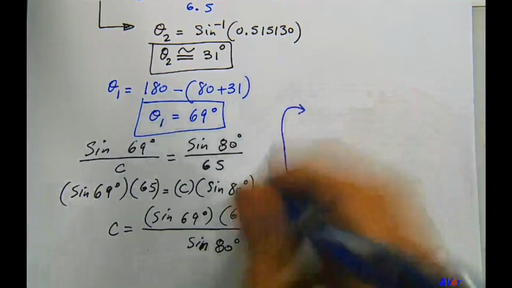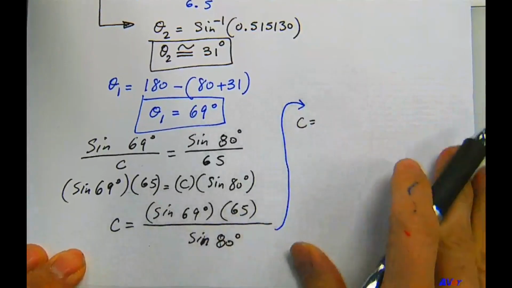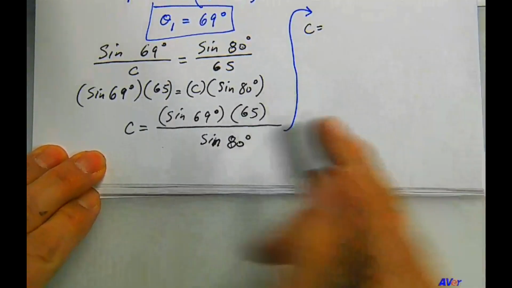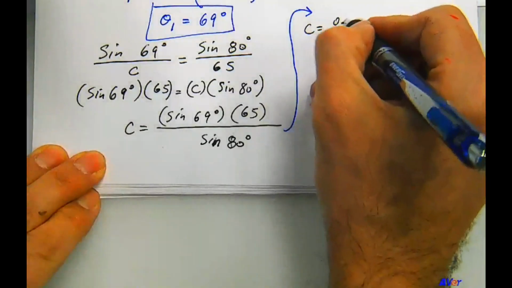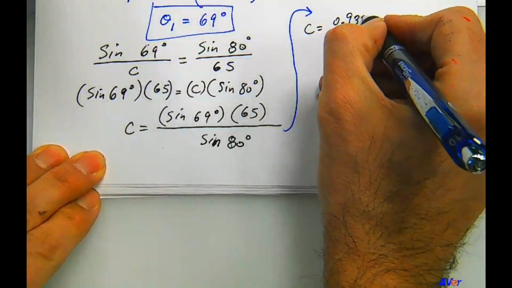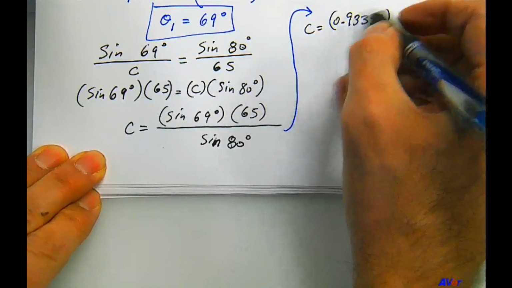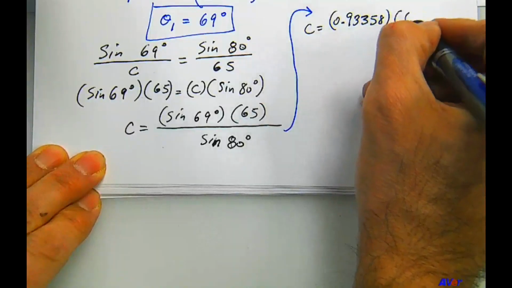Okay, so the rest is just using our calculators and finding this measure. So C would be equal to sine of 69 degrees, which I got as 0.93358. Notice that I kept 5 decimal places, times 6.5.